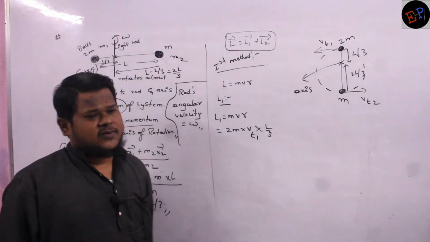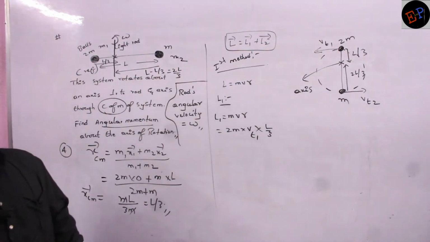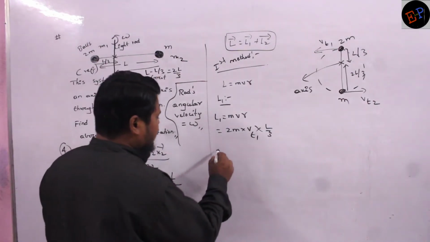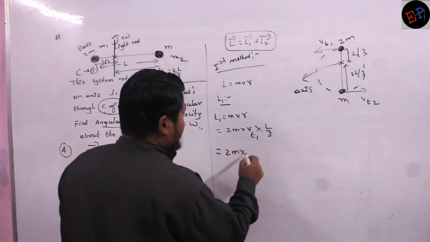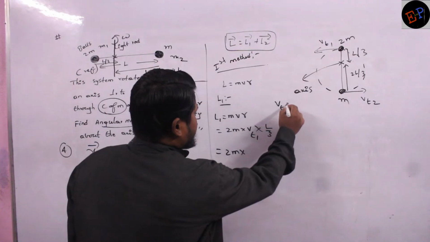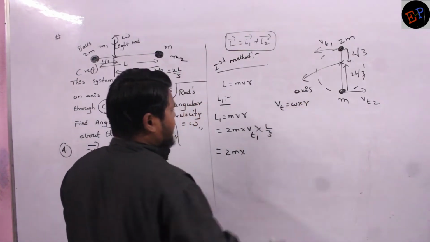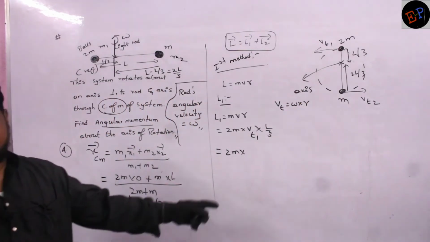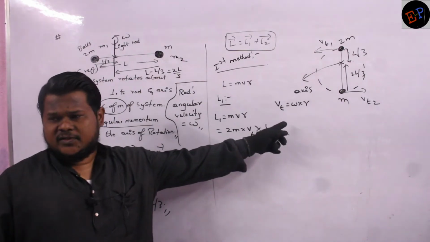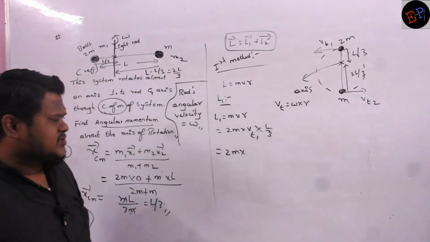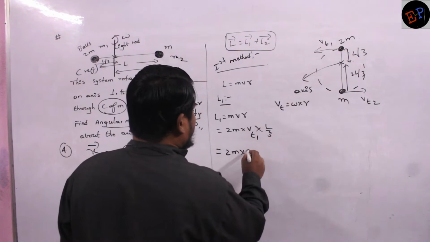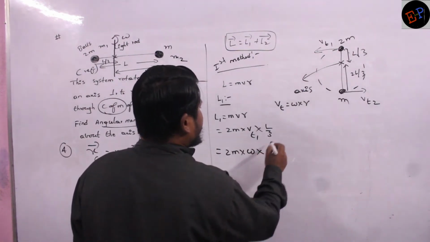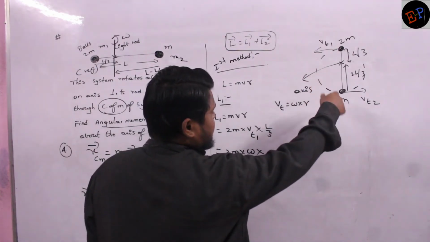So tangential speed, how can I calculate? What is the formula for tangential speed? Vt is equal to omega into r. Already we have studied. So substitute here. Angular velocity is omega, and r means the perpendicular distance from the axis.